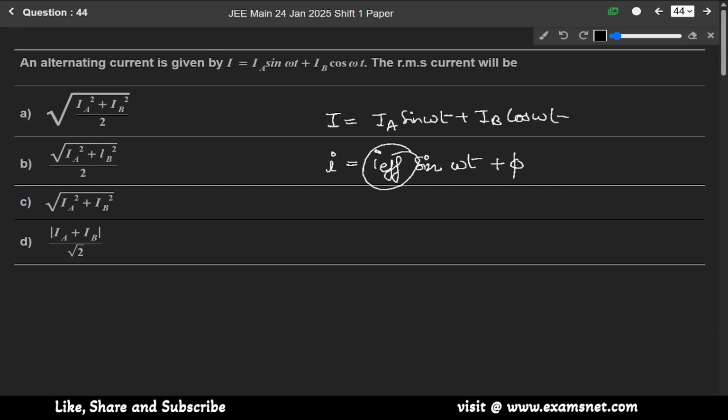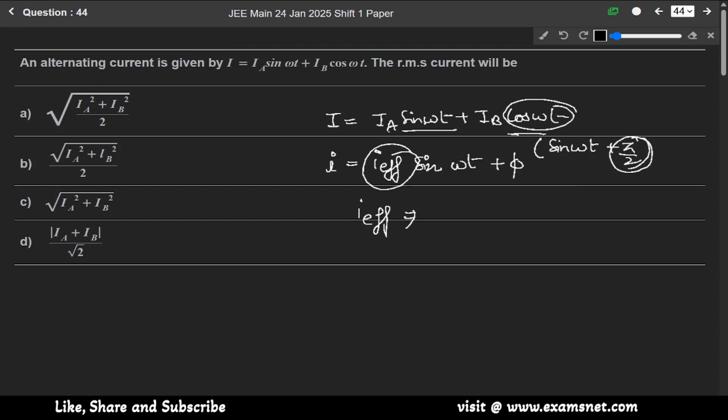So here the I effective will be, since here it is I_A sine omega t plus I_B cos omega t, we can write cos omega t as sine omega t plus pi by 2. It means these two are having a phase difference of pi by 2.